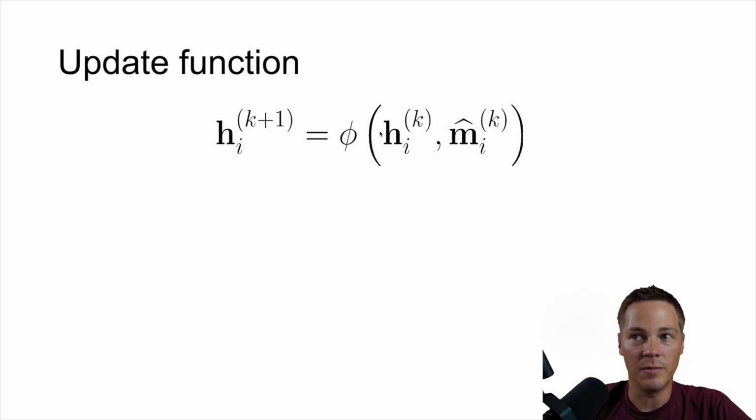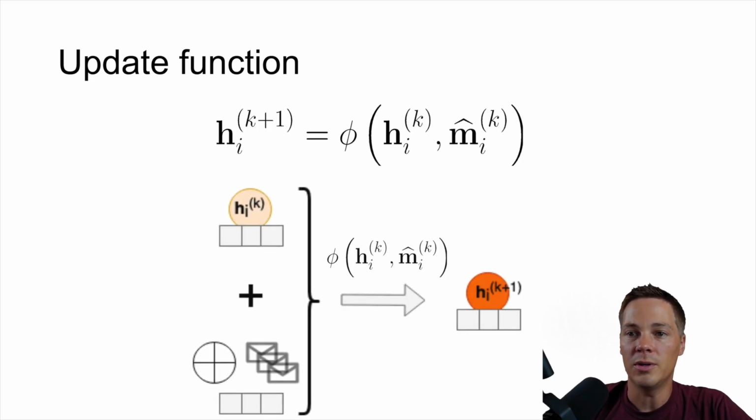And then some function will update to give us a new representation of hi. So here's the diagram here. Our current representation, we have our aggregated set of messages, and then this function maps it to a new representation, which we have this k plus 1.